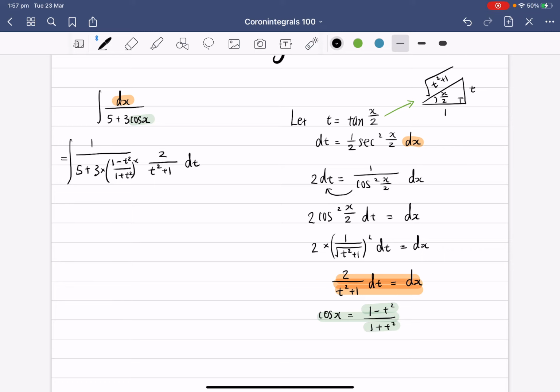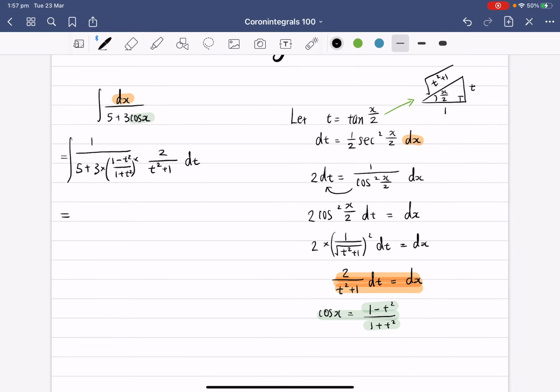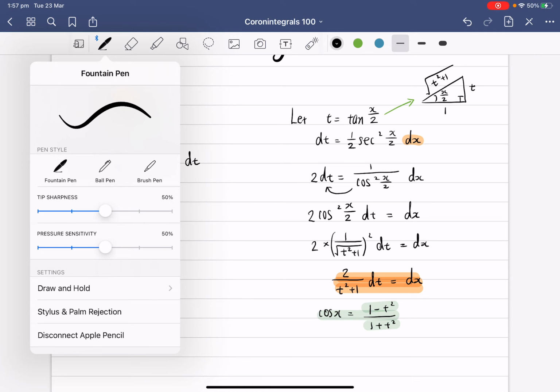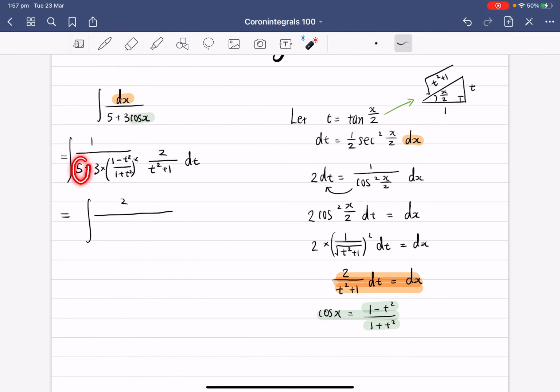Next, we are going to expand. But before we do that, let's just multiply the numerators together. So 2 times by 1 is just 2 over. Now we need to multiply the denominators. So we're going to times the 5 with the denominators there.